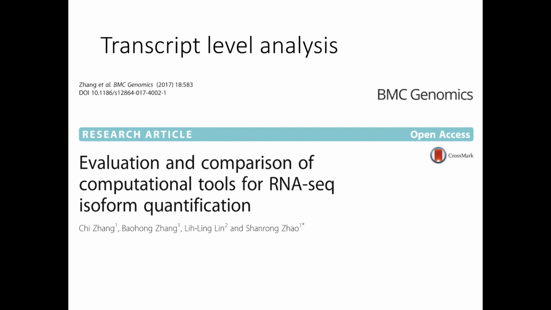What I'm trying to say is that the exact values, or the expression levels of the genes, you should always take with some grain of salt. Like, is this value really true?